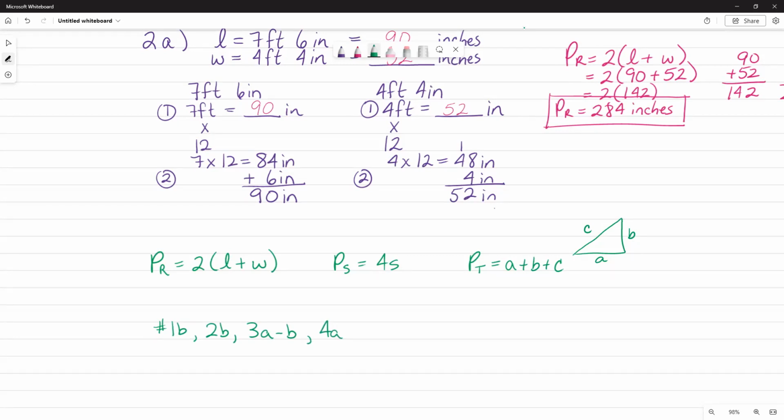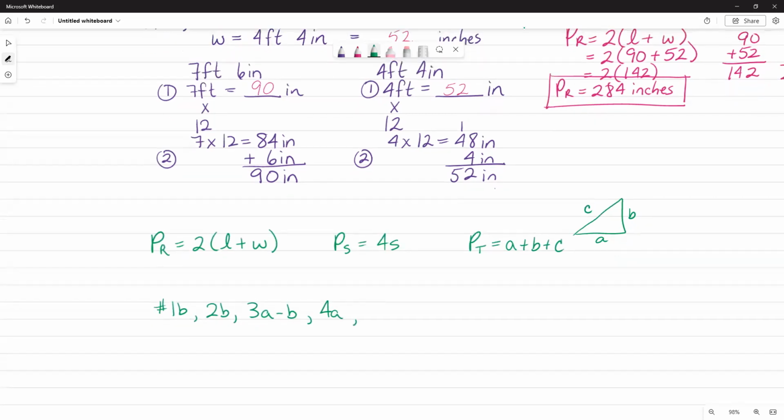Shouldn't be too difficult. And then I need you to do the review. This is what I asked my class to do for homework: numbers 5 and 6 on page 178. These are all review. You're writing equivalent decimals from percentages and fractions, and then you're doing a little bit more practice of finding percentages. All right, so get that done, and that will get you caught up through Tuesday.